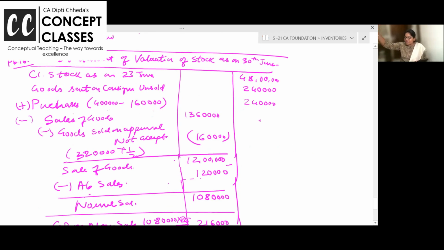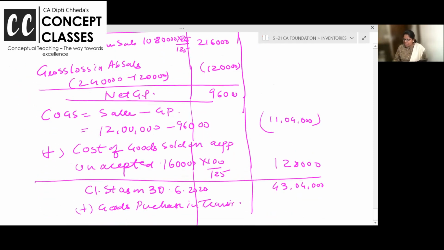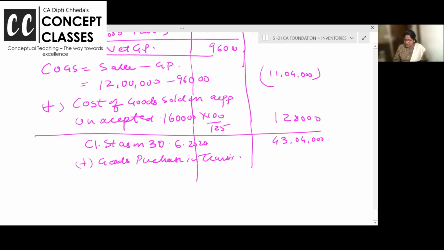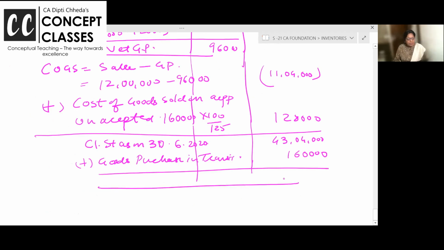But remaining is with the transport wala, but it is my stock. No, this much stock is there in my godown. But this which is in transit, 160, is also my stock. So what is my final value of closing stock on 30th of June 2020 is 44,64,000.